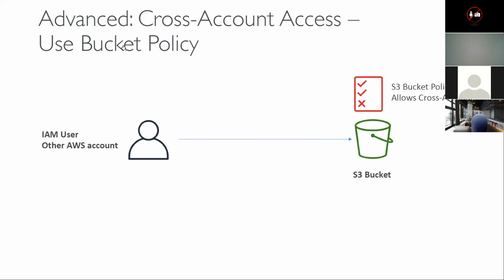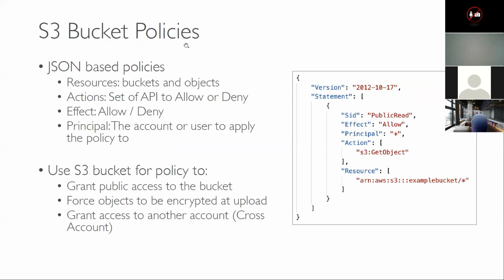Advanced cross-account: use a bucket policy. Let's say a different IAM user, you just have to define the IAM ID. Okay? For the S3 bucket policy, the way you grant permission is using JSON. So it's a JSON statement again. So this is its statement. It says the security ID can be viewed in public, or public read.